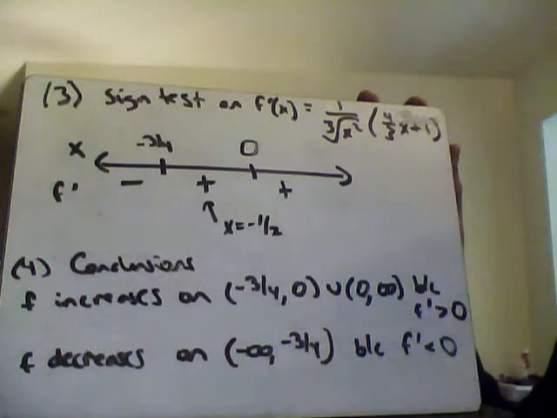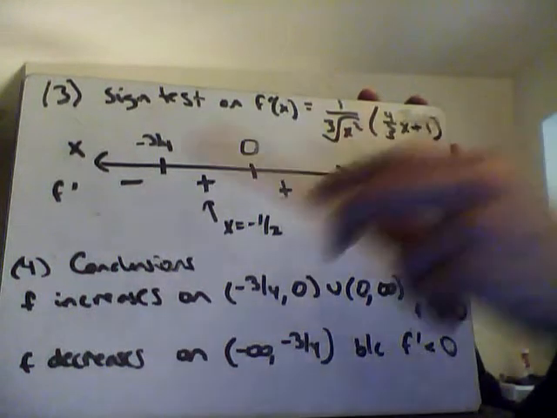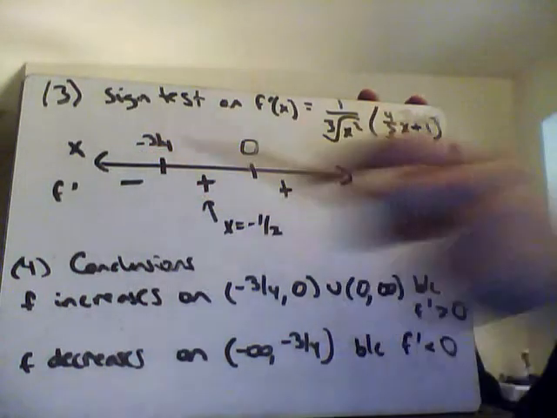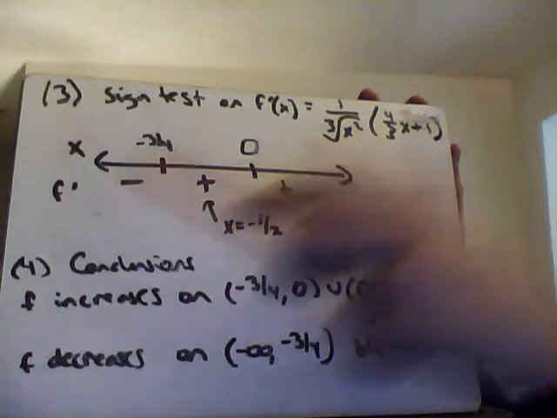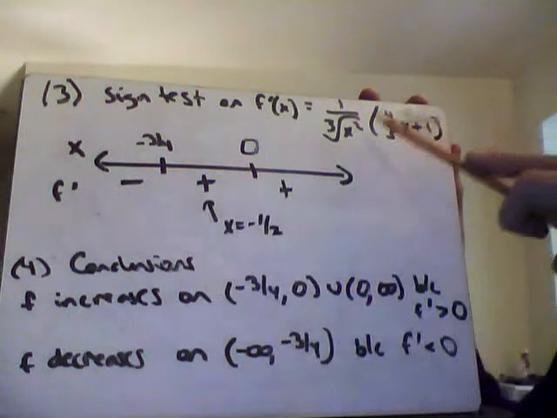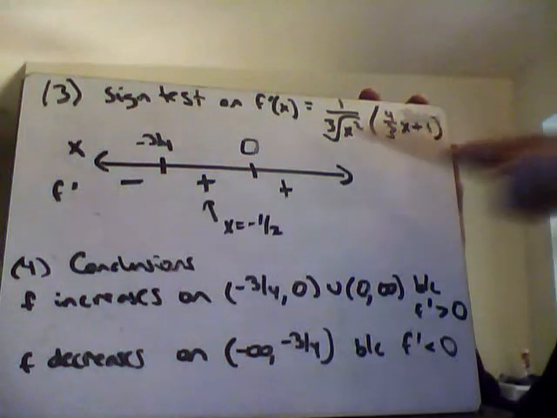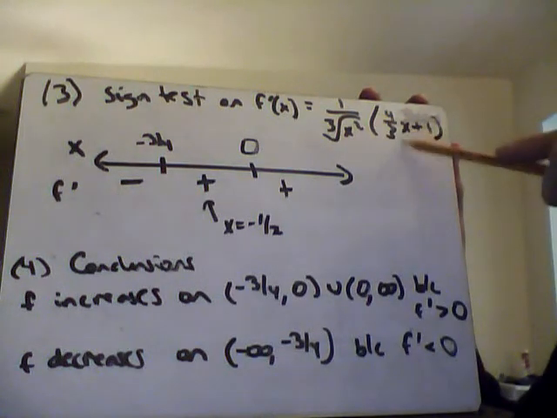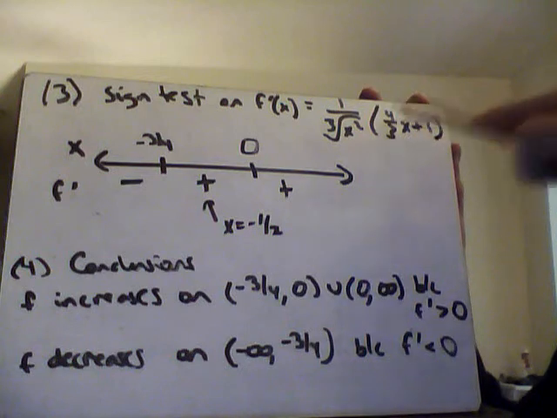I've rewritten our derivative right here so that we can reference it. We've got x is equal to negative 3/4 and x is equal to 0. First, we're going to try a number less than negative 3/4. Let's say, for example, x is equal to negative 1. This portion is always going to be positive. 4/3 times x is equal to negative 1 will produce a negative here.